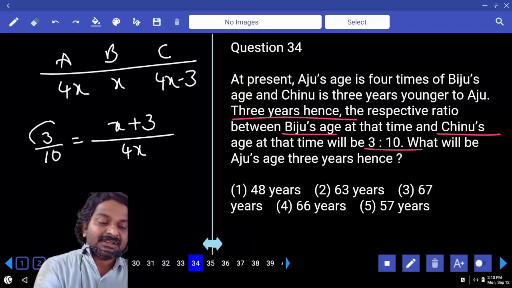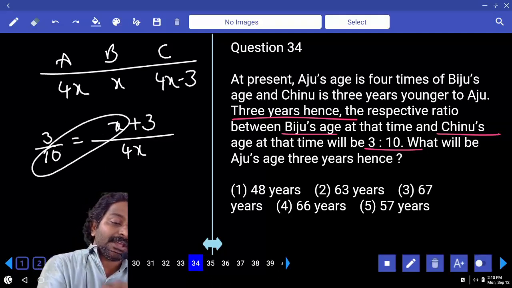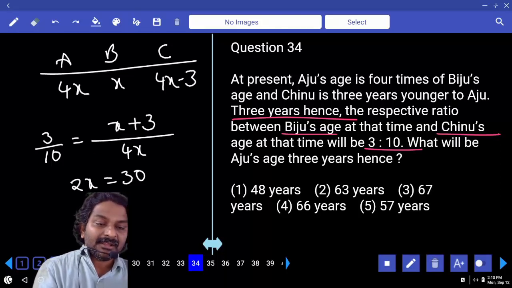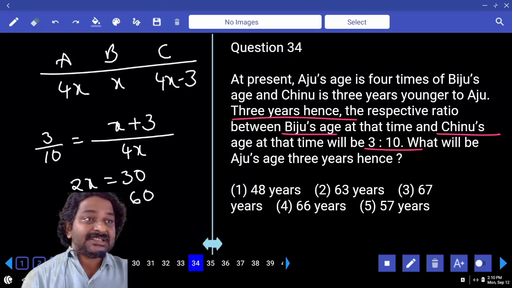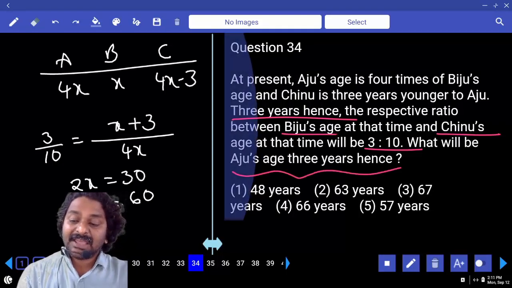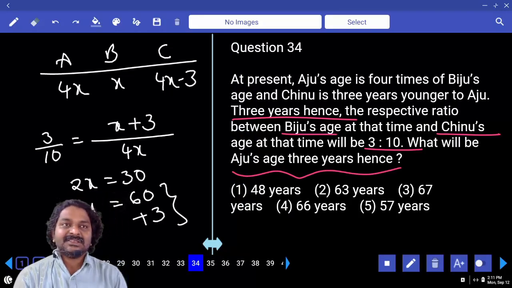From this, 3 into 4x, 12x. 4 into x, 10 into x, 10x. Difference? 2x is equal to 30. Then 4x is equal to 60. That is the present age of Aju, right? But we were asked to calculate Aju's age after 3 years, in the sense plus 3 only. Answer 63, second option.